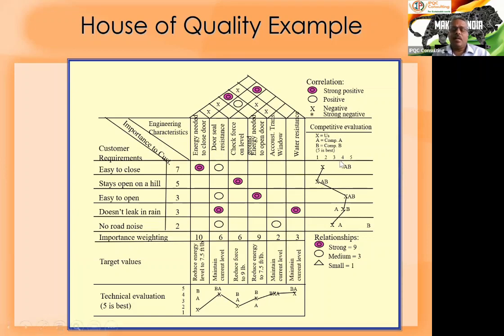And if you see the right-hand side, the competitive evaluation. Here yours is company X, and you are comparing with competitors A and B on a 1 to 5 scale on these customer requirements. These are customer requirement 1, 2, 3: easy to open, doesn't leak in rain, no road noise, and importance.